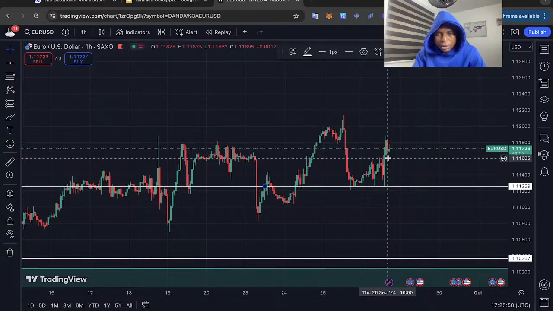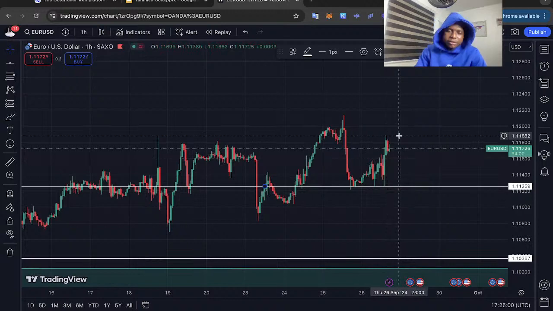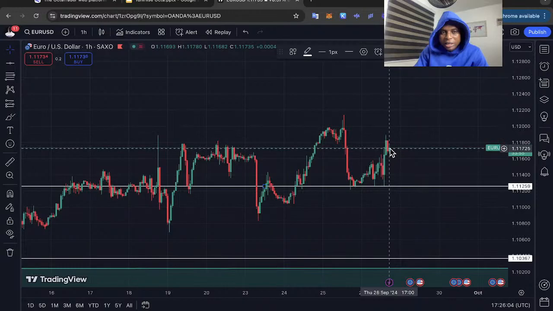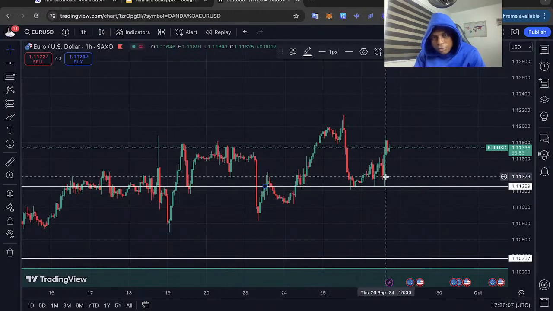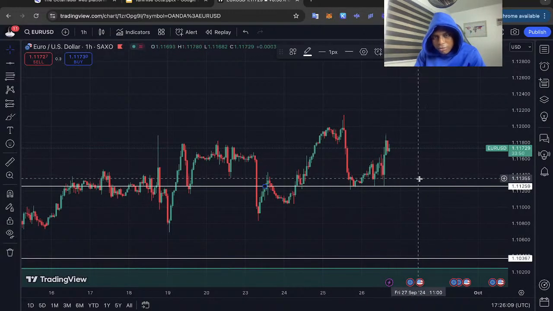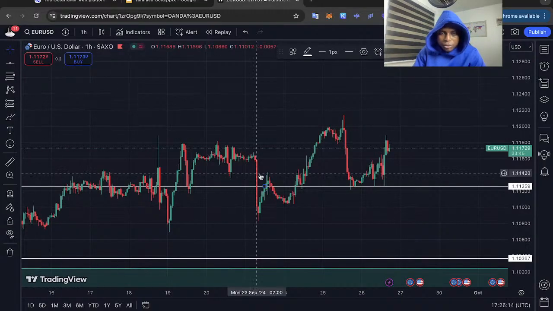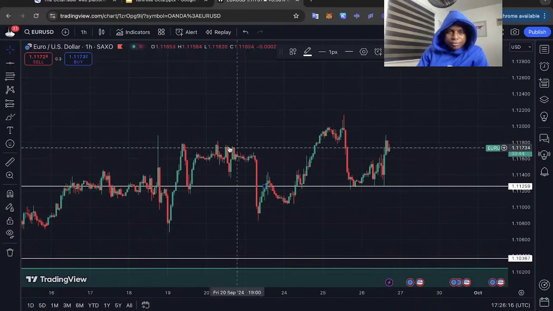So that is what we are looking at now, because earlier I already locked in from this level, before price then pushed up into profit zone.